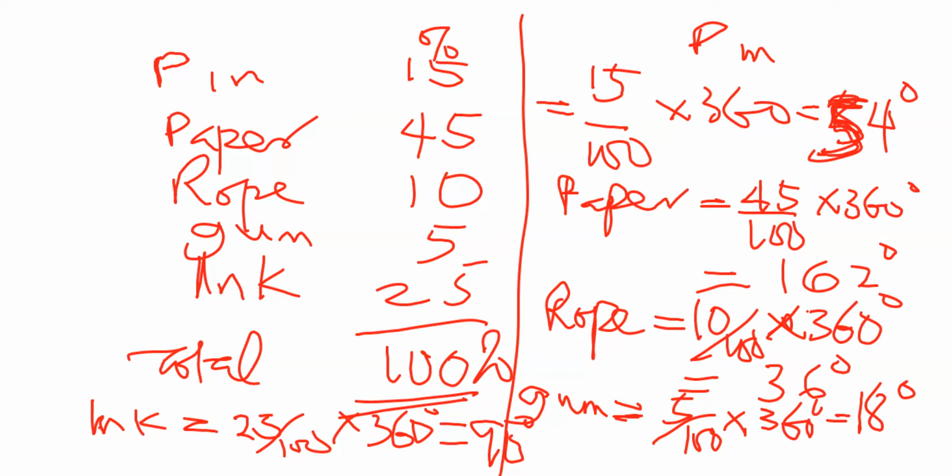According to the question that I'm still seeing here, it said, draw a pie chart to illustrate the collection of raw material. And there's no way you can draw a pie chart without getting the degrees. So I haven't found the degrees. Roman figure 1 is just for you to draw a circle.